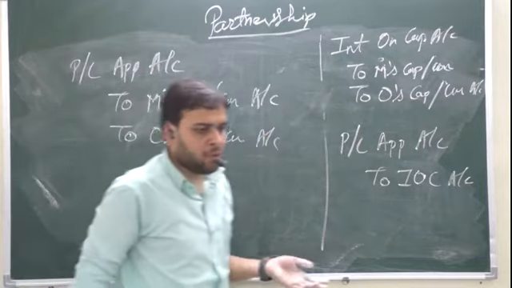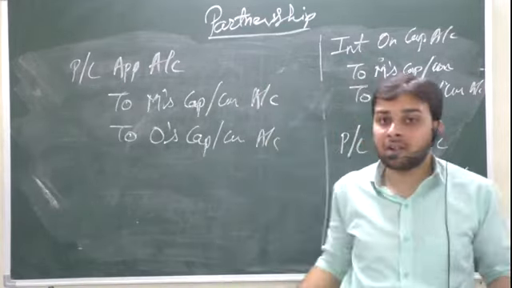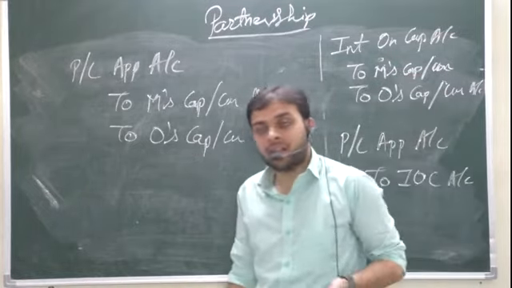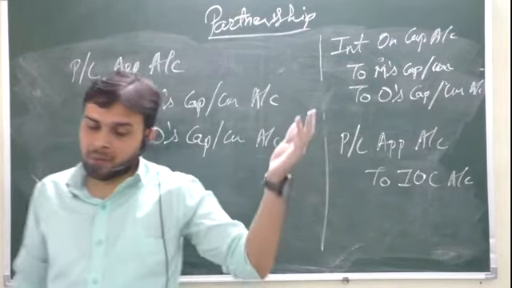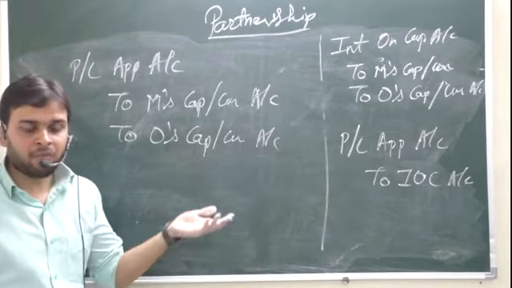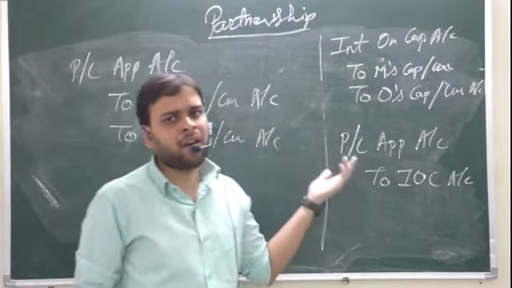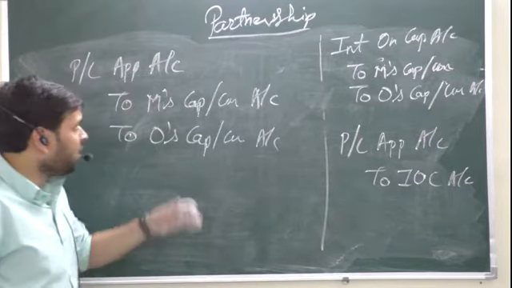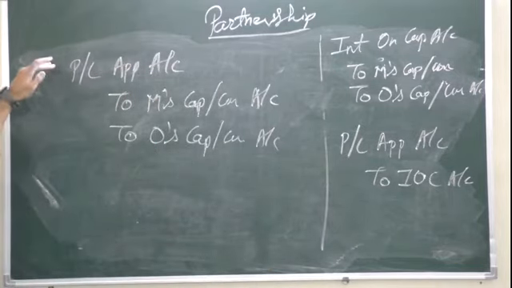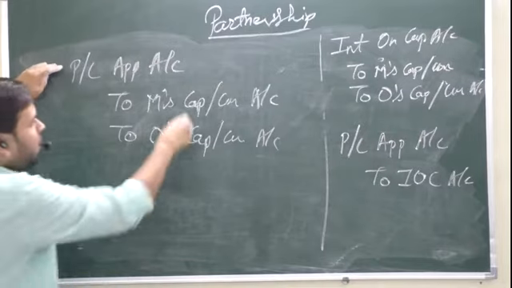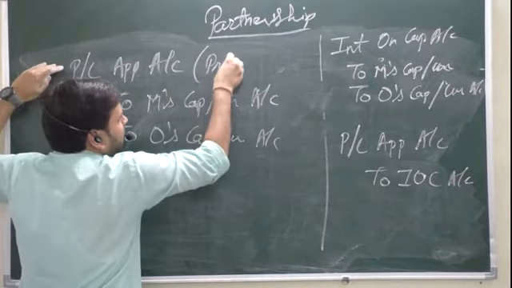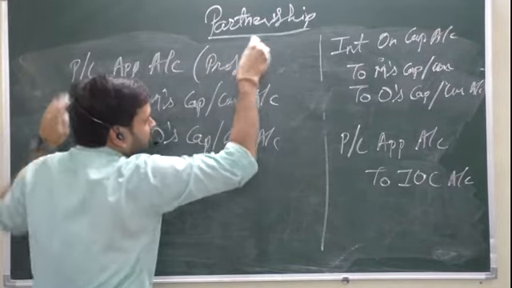Profit will be distributed in the ratio defined by the partners in their partnership deed. It may be equal ratio, it may be 1:2 ratio, it may be 5:3 ratio, depending on the question. So the distribution entry for profit is P&L appropriation account debit to AMS capital account, to OS capital account.